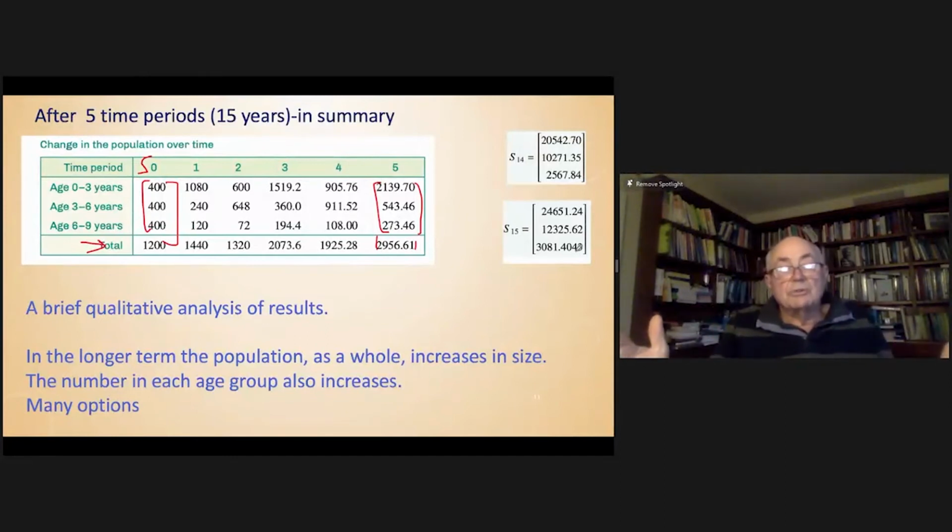Now, there are lots of options you can have. It could be decreasing in time for all age groups. It could have some age groups increasing and some decreasing. And that's one of the things that students will need to be able to work out by following through the change in the state matrix over a period of time.